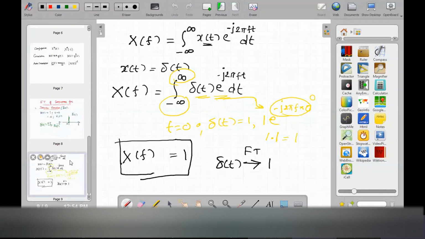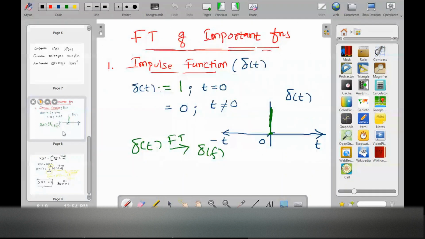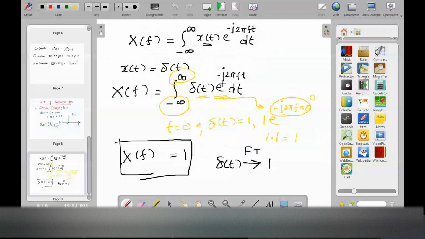Sir, I'm still writing page number 8. You need 8 once again? Yes, sir. Okay. Done, sir. Thank you. So this one also done, I hope.